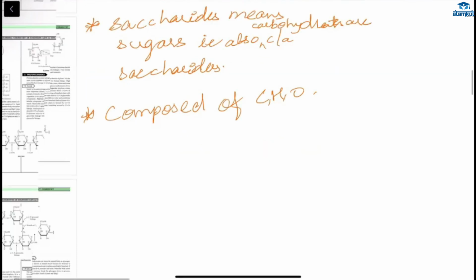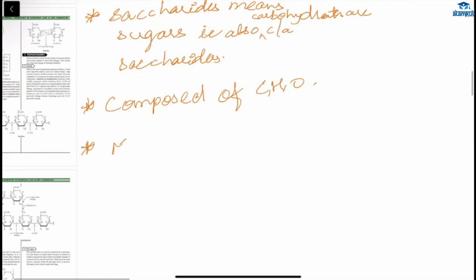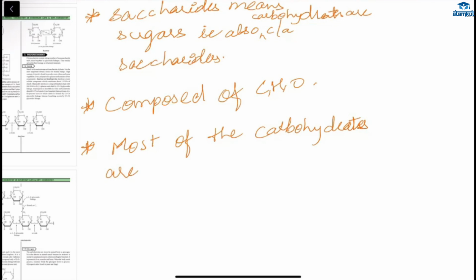Then most of the carbohydrates have a general formula. Can anyone tell what the general formula is? It is Cx(H2O)y. This is followed by most carbohydrates, but not all carbohydrates follow it.